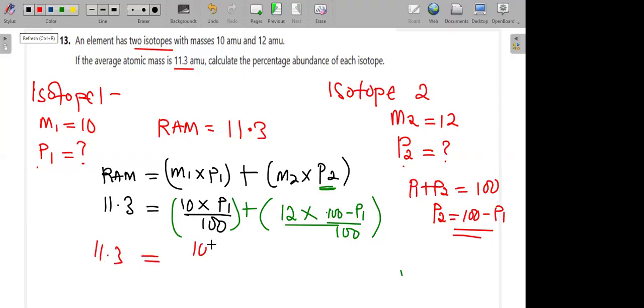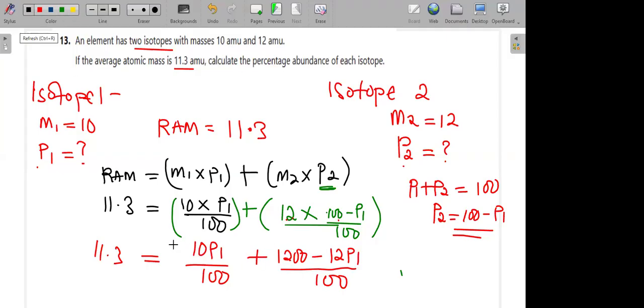So from here, this is 11.3 equals 10P1 over 100 plus, and then 12 multiplied by 100 minus P1. So it will be 12 multiplied by 100, which is 1200, then minus 12 multiplied by P1, which is 12P1. And all this, as you can see, is over 100.